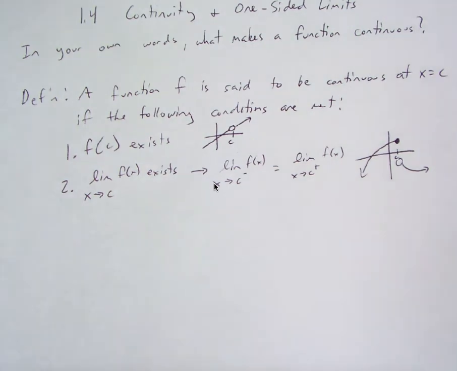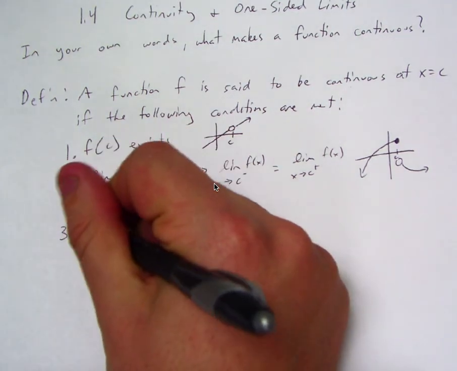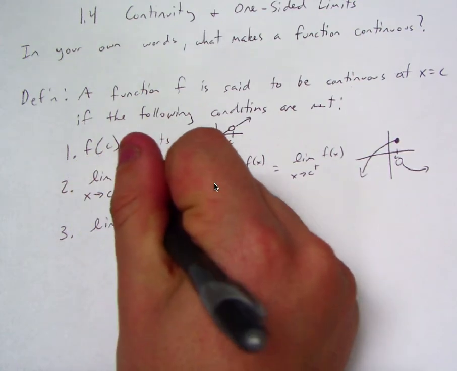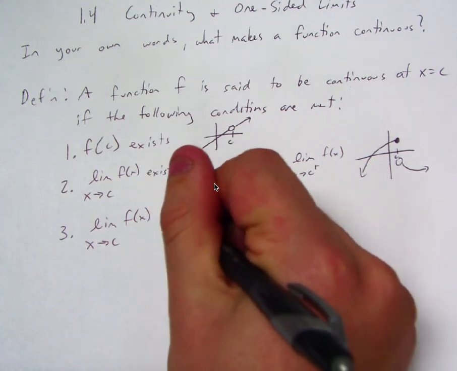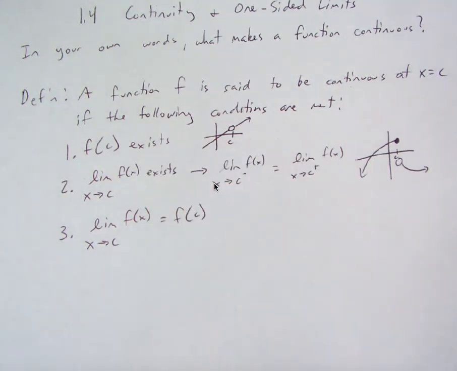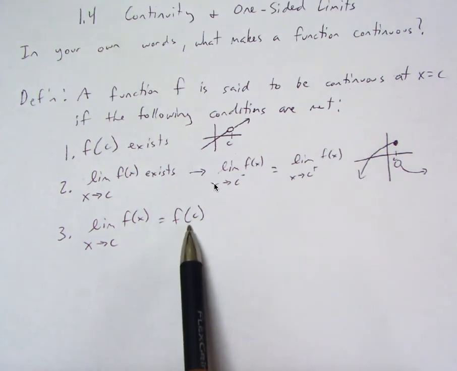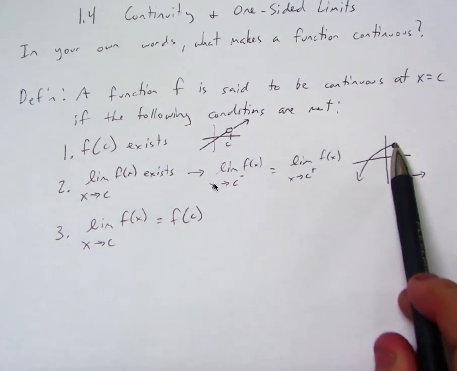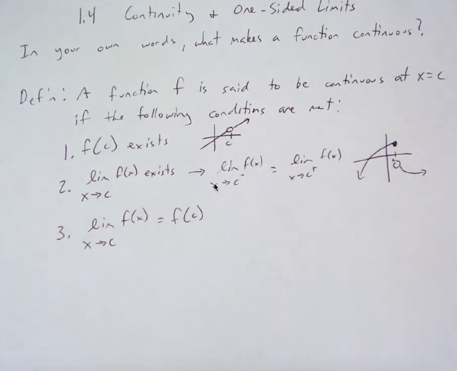Well, the third thing that has to be true, the limit of the function as x approaches c has to equal f of c. So where the function exists, the limit has to exist as well. They have to be equal. Those two things have to be equal to one another.